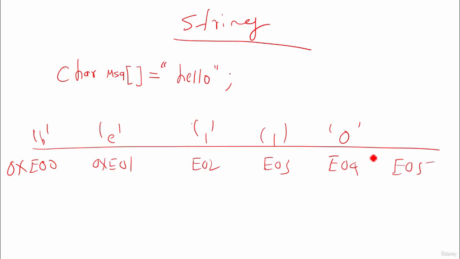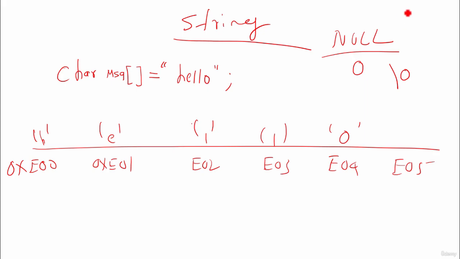And after that, please note that the compiler will automatically insert the null character to indicate the end of the string. The ASCII code for the null character is 0. So 0 means a null character. And the null character is also denoted by \0.